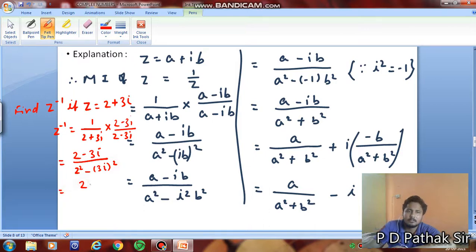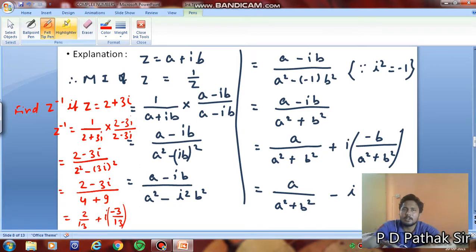So the answer is 2 minus 3 iota upon 4 plus 9. The answer is 2 upon 13 plus 3 upon 13 iota, that is minus 3 upon 13 iota.